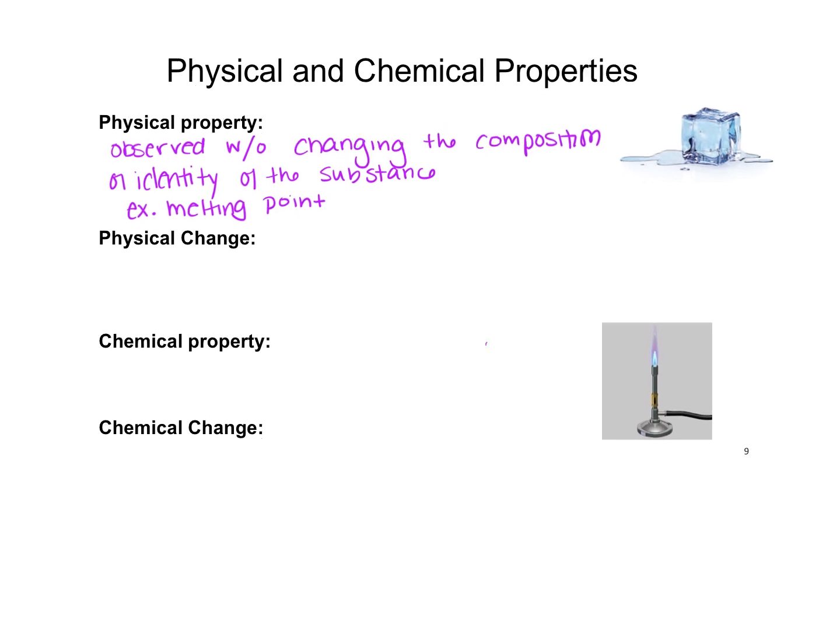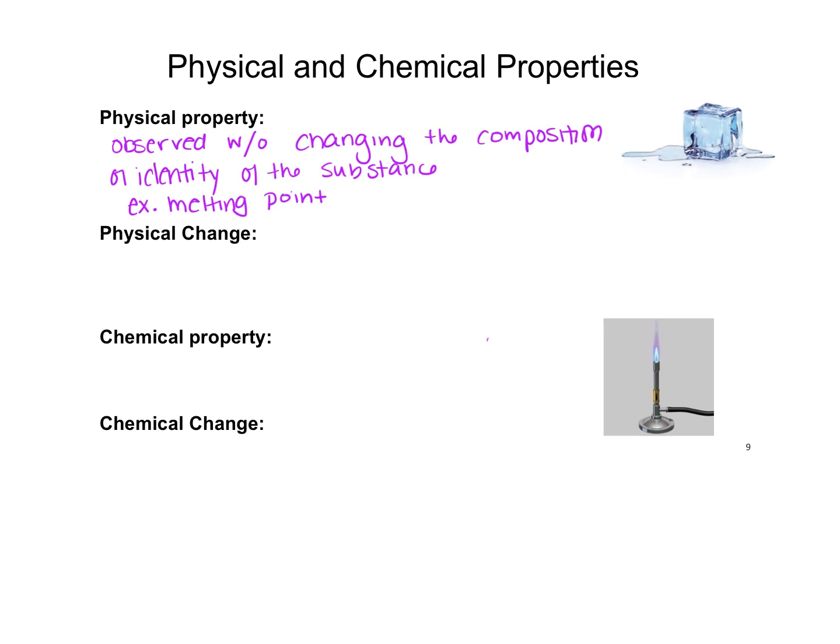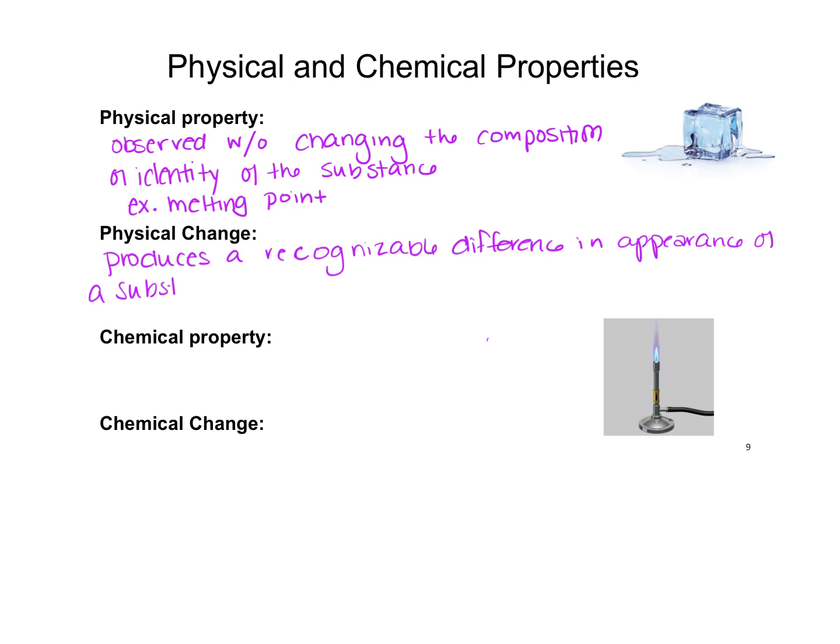Now, what we just described, as we're going from the solid to the liquid state, is a physical change. Physical change is just where you have a recognizable difference in the appearance of a substance without causing any change to its identity.